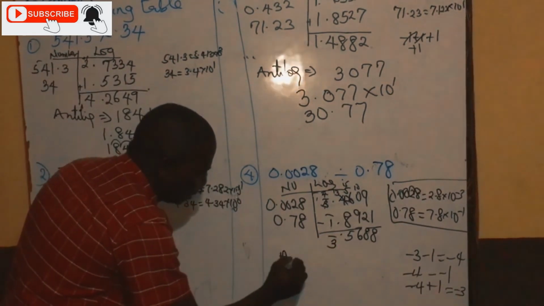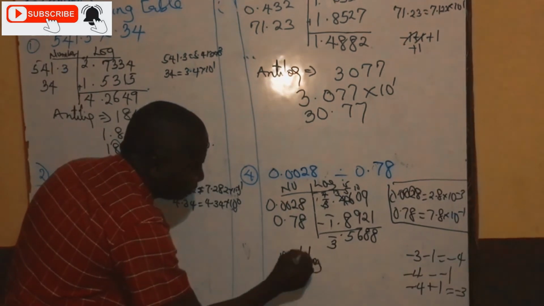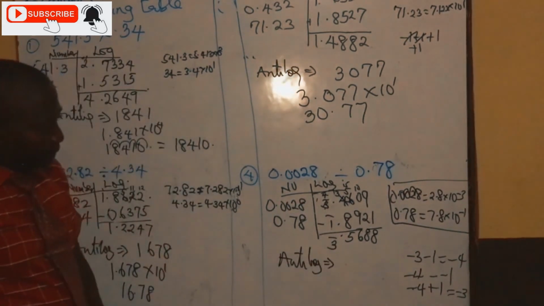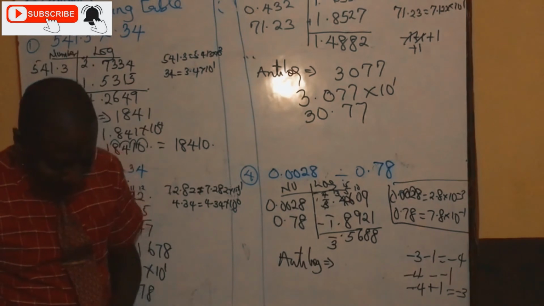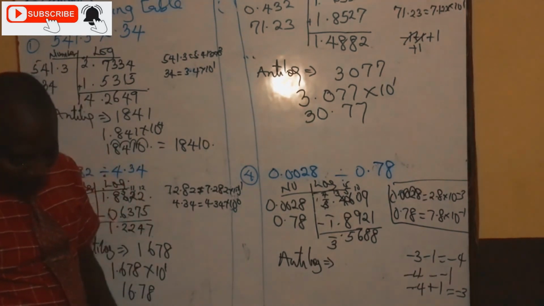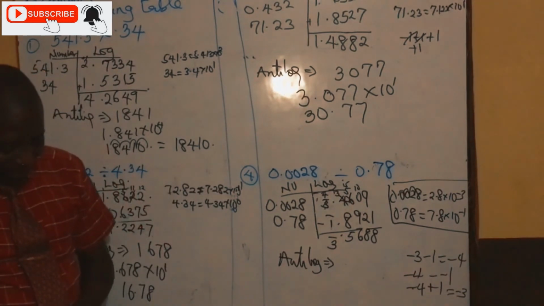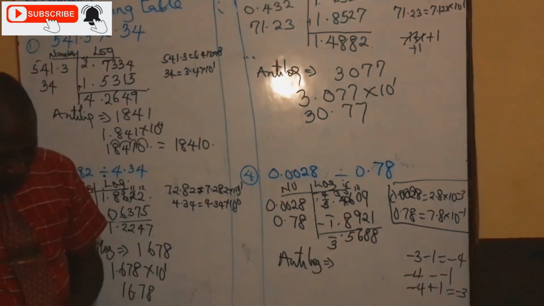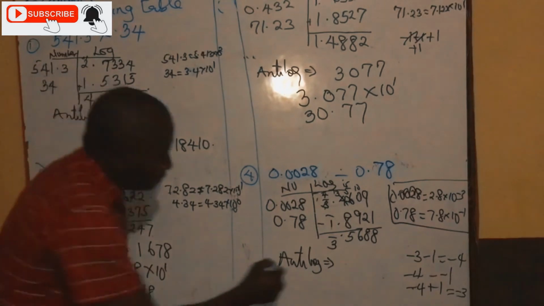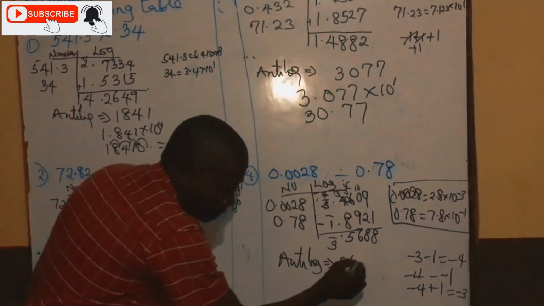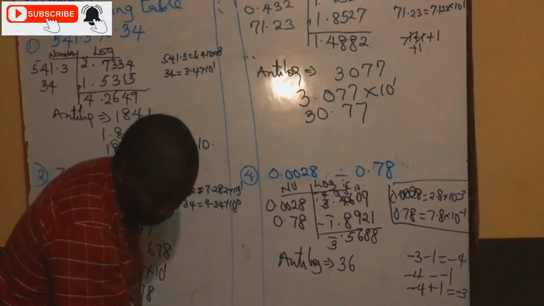Then we check the antilog. 56 under 8, difference 8. 56 under 8 is 3698. Difference of 8 is 7. So it will now be 3765.